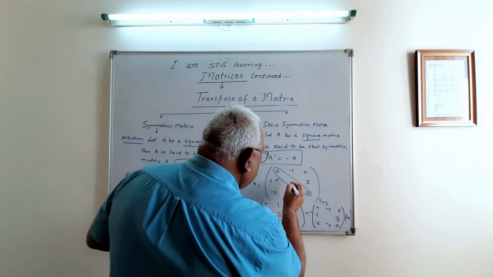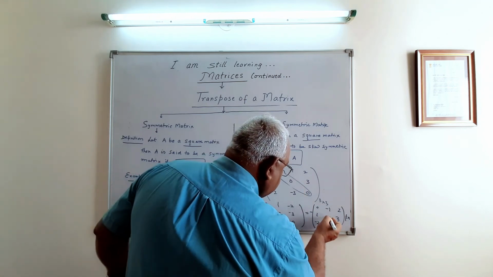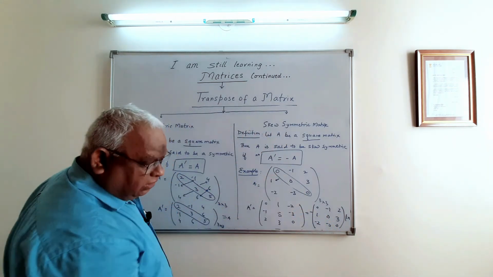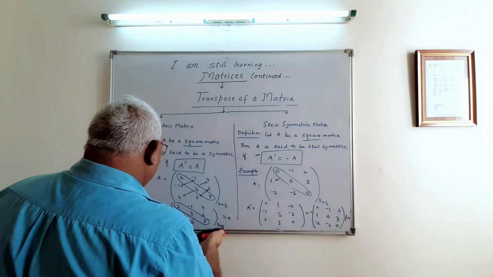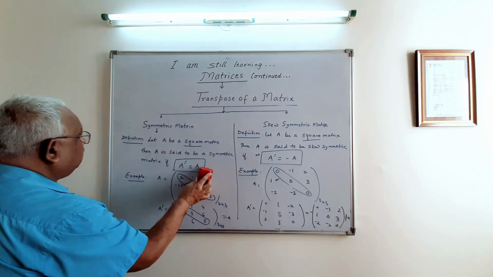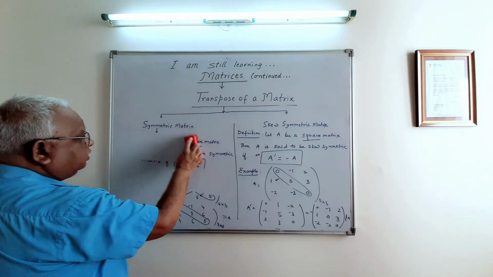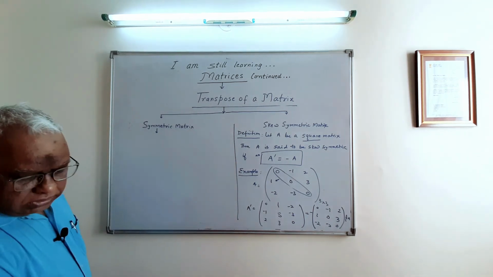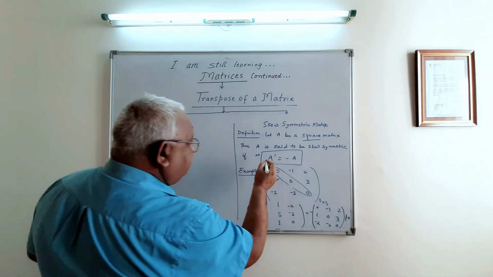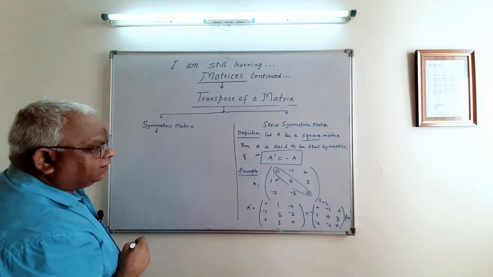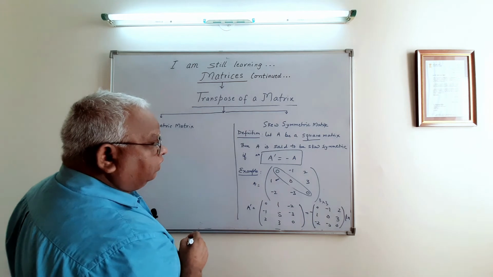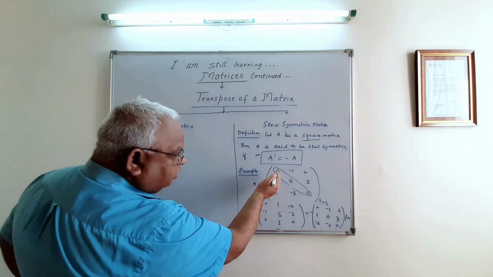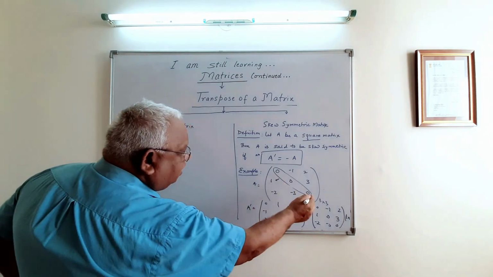Now I'll give you the mathematical reason why these are taken as 0. I'll explain here. I'll rub this so that you don't have any confusion. Look here, when you say A transpose is equal to minus A, what are these elements? These are all Aii.